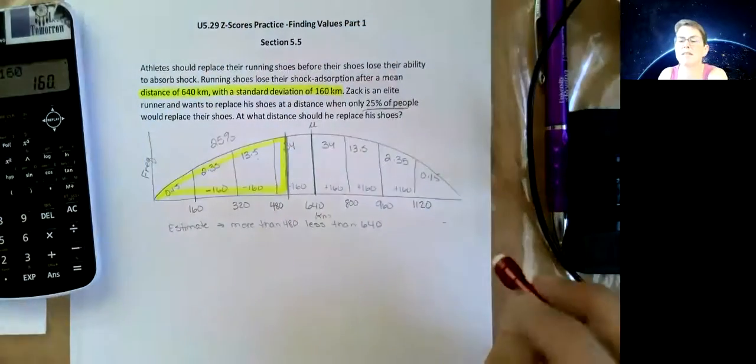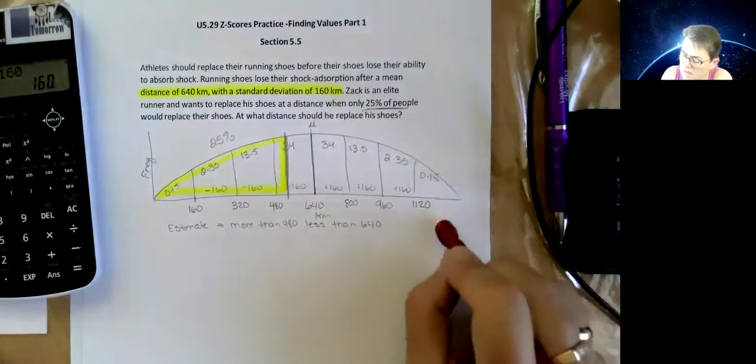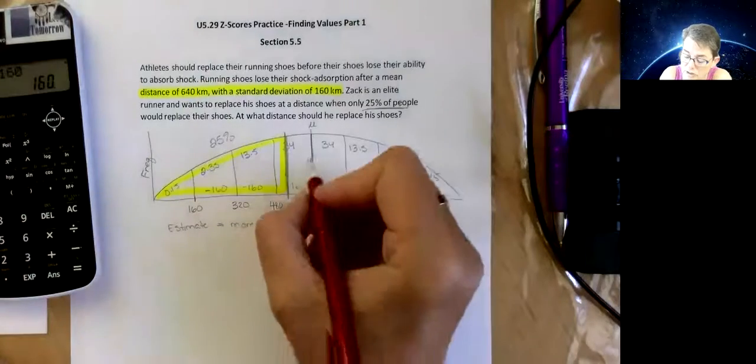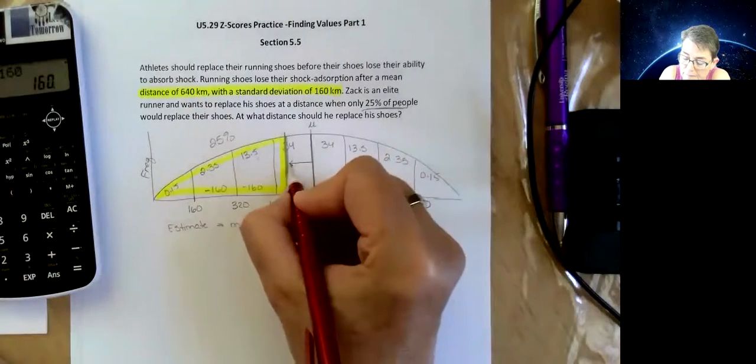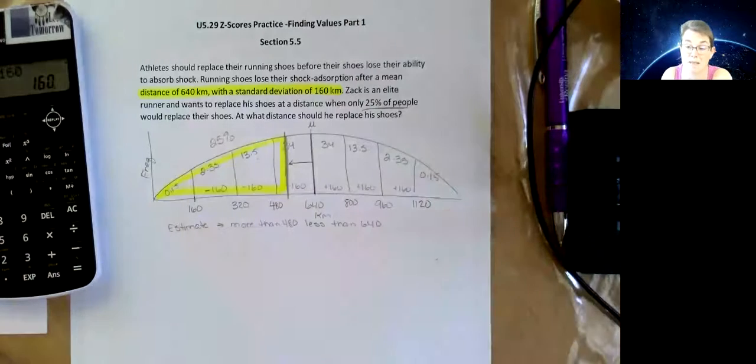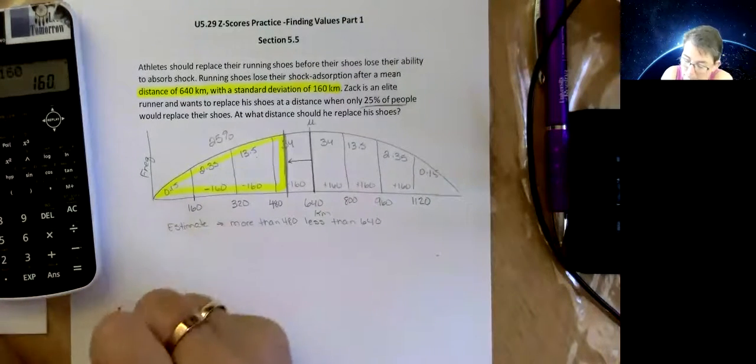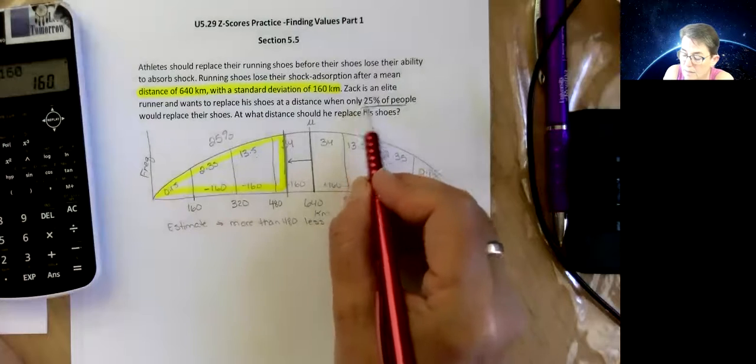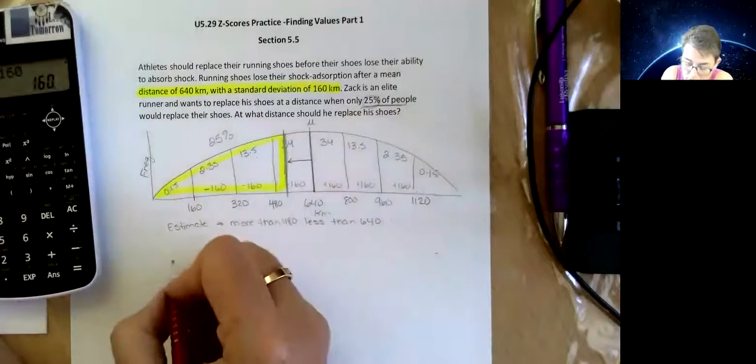I was going to write less than -1 standard deviation, but that's going to get all weird. Let's just go with it, right? It's going to be negative. Whatever number we get is going to be less than 1 standard deviation. So I don't know what to do with this, but I know I'm going to do a Z-score.